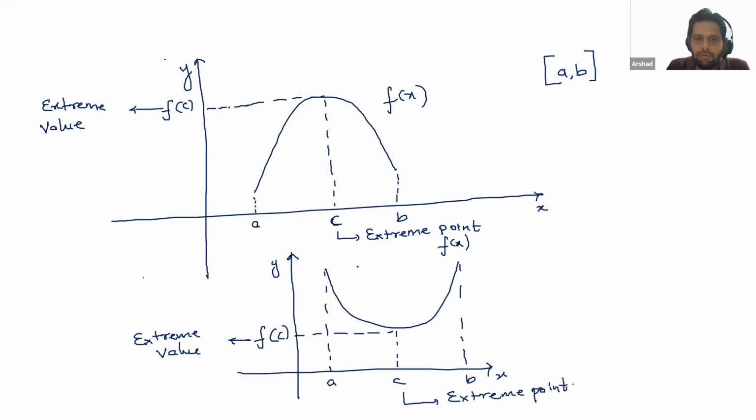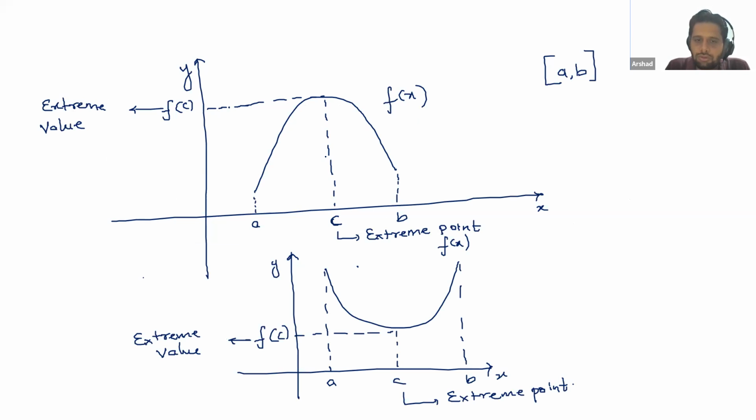Darshan, I will again explain this to you. In the previous slide, you have checked the extreme value. So what is the extreme value? Suppose we have this function. This is f(x), this is a point C, and this is f(c).